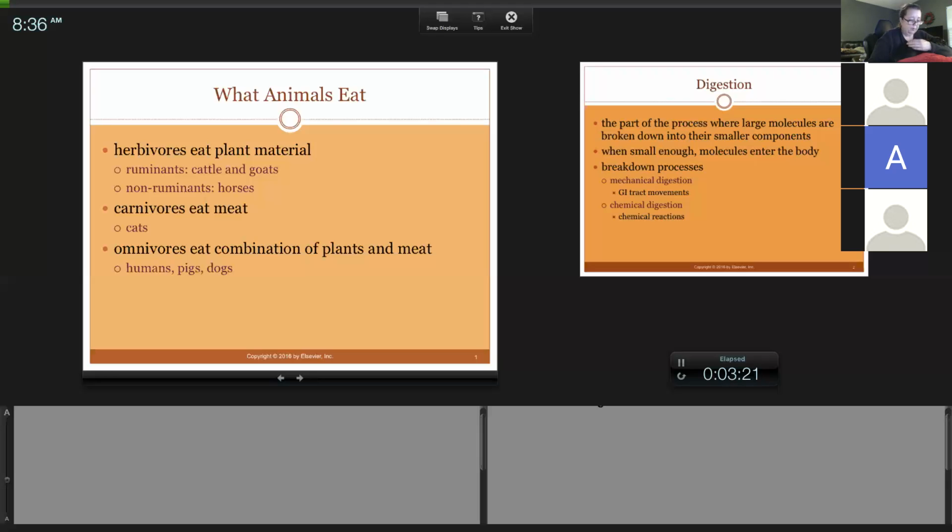A lot of people think about dogs as carnivores, but they actually eat a mixture. So pigs and dogs actually classify as omnivores.